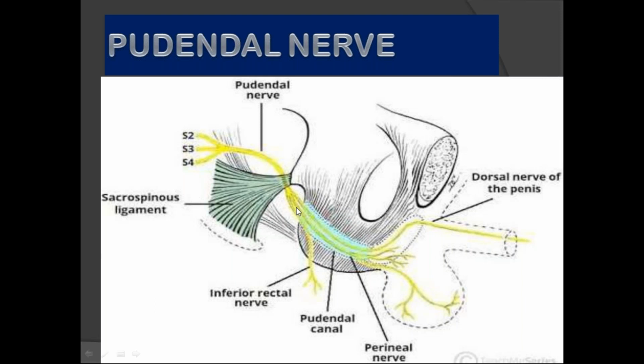The pudendal canal or Alcock's canal is very important for 4 marks questions in university pattern examinations. You can see the pudendal canal in the lateral wall of the ischiorectal fossa.